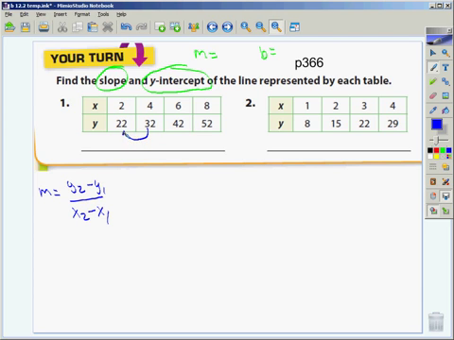Y2 minus y1. 32 minus 22. x2 minus x1. 4 minus 2. 32 minus 22 is? 4 minus 2 is? So the slope of this line is 5.